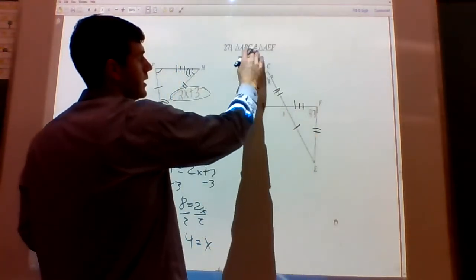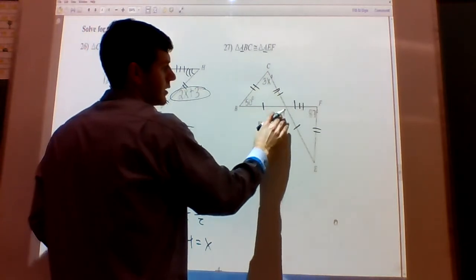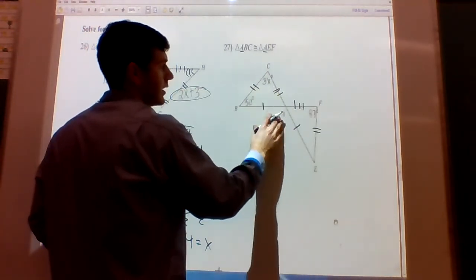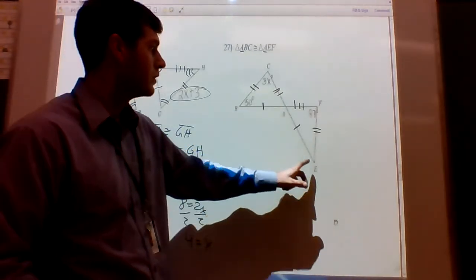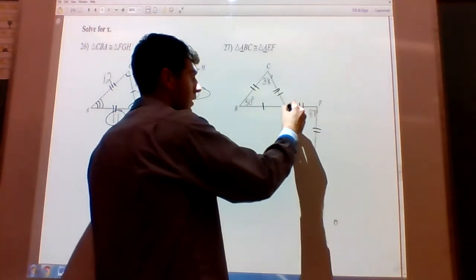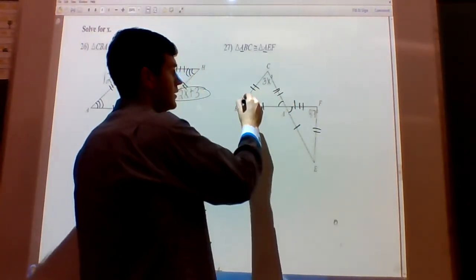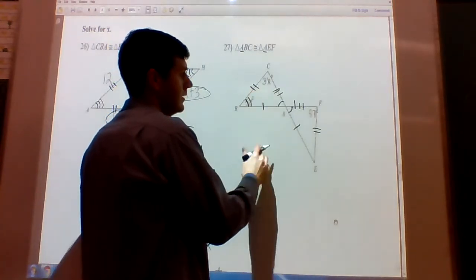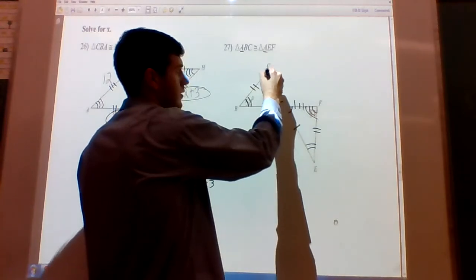Okay, we know angle A is congruent to angle A. So again, that's not a good way to name the angle. We shouldn't name it angle A. It should be angle CAB is congruent to angle FAE. But regardless, we know that they're the same. Okay. Angle B is congruent to angle E. And then angle C is congruent to angle F.